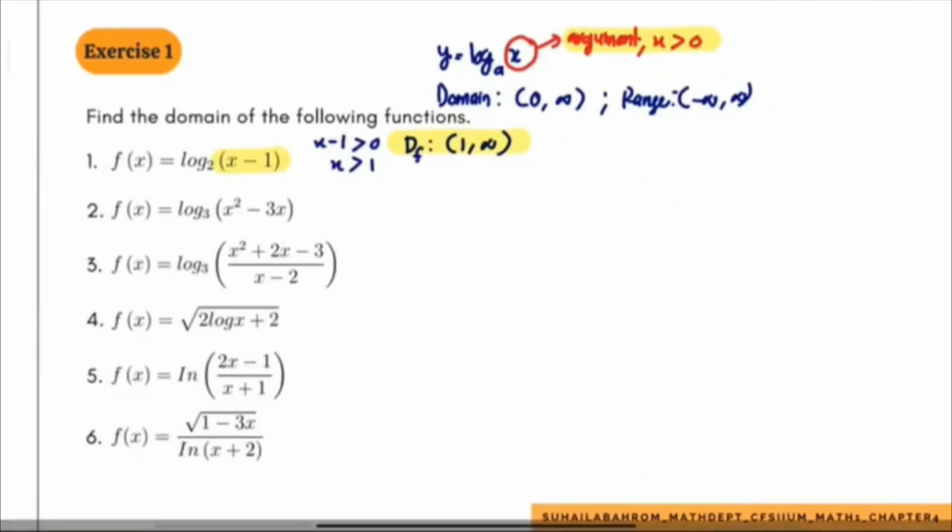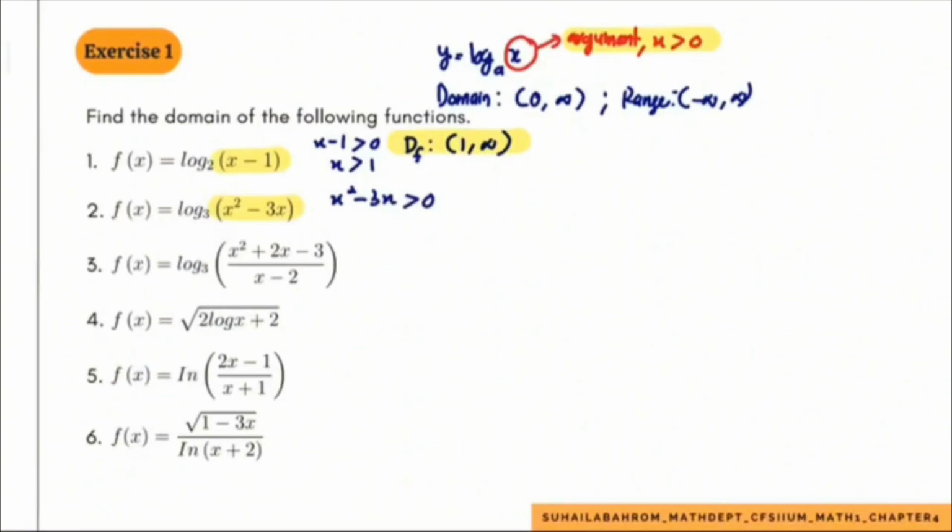Now let's look at the next one. The function is log base 3 of x squared minus 3x. In this case, our argument is x squared minus 3x, and that argument must be bigger than 0.